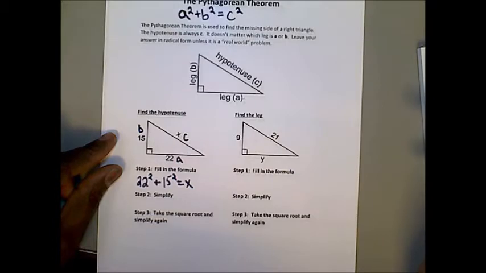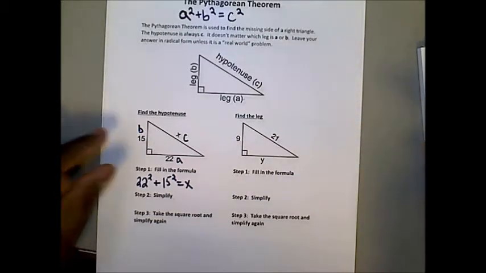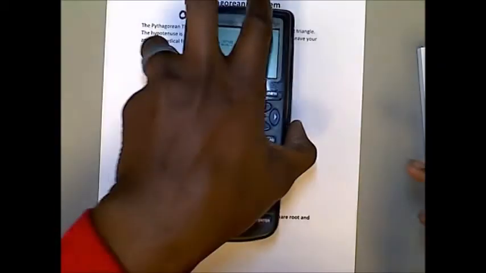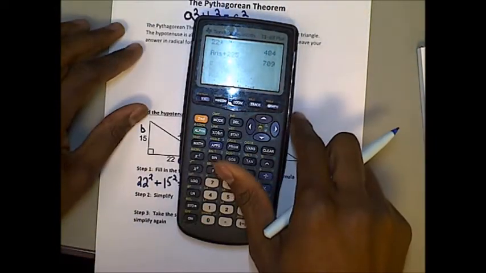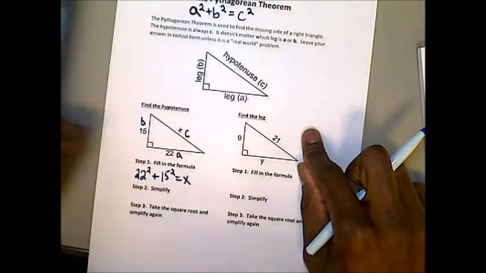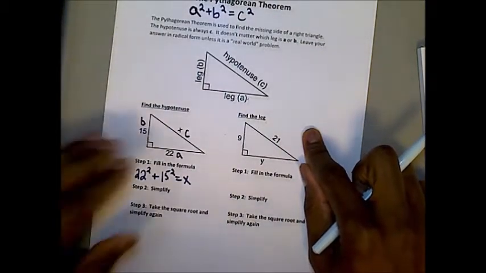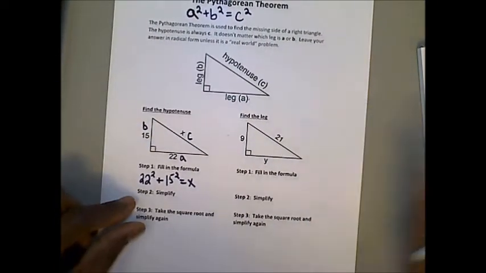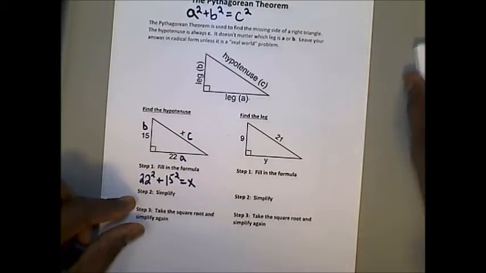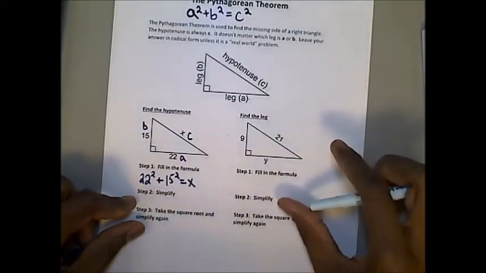Next, I'm going to simplify. Okay, so two ways I can do this. I could take my calculator, and I'm not sure if you guys can see that here. I'll do it without the calculator to start. But regardless, I can go ahead and break down or evaluate what 22 squared and 15 squared is.